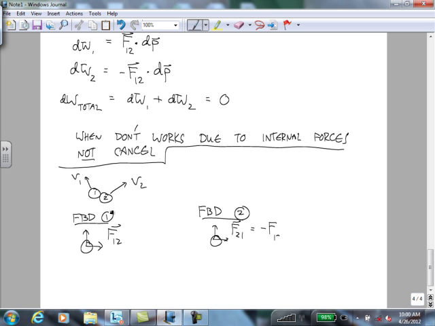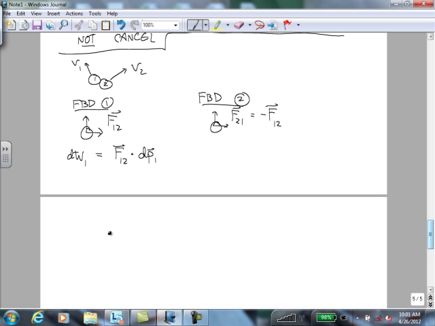But now the increment of work for body 1 is F12 dotted with some dP1. And the increment of work for body 2 is equal to negative F12 dotted with some increment dP2, right?